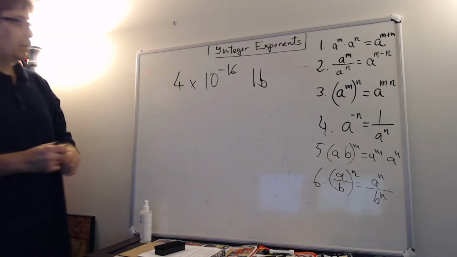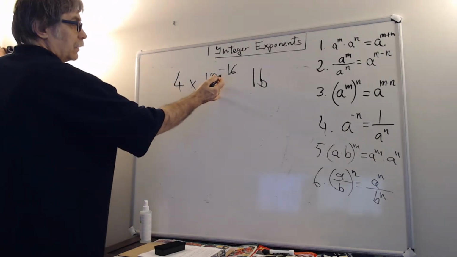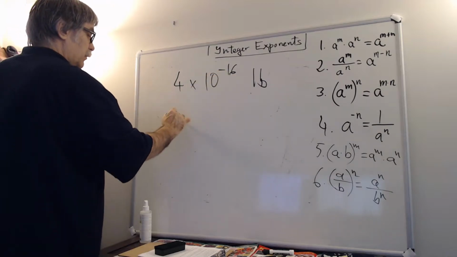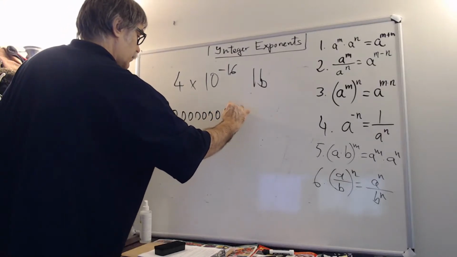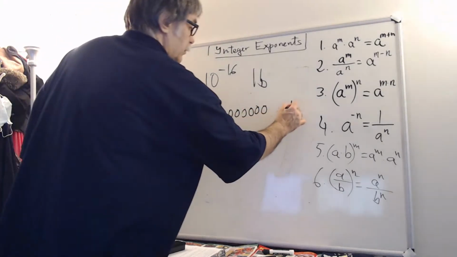Okay, so what do we have here? This is a 4. We have here to divide 4 by 10, 16 times. So we're going to have 0.0000000000000. So now I need to go 16 times.